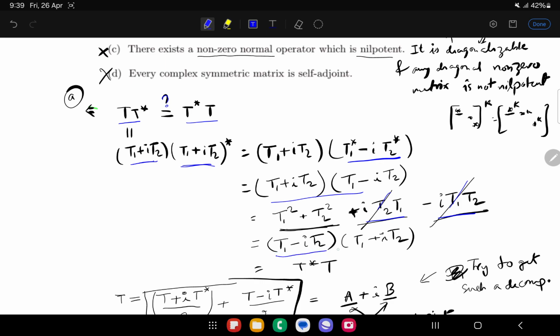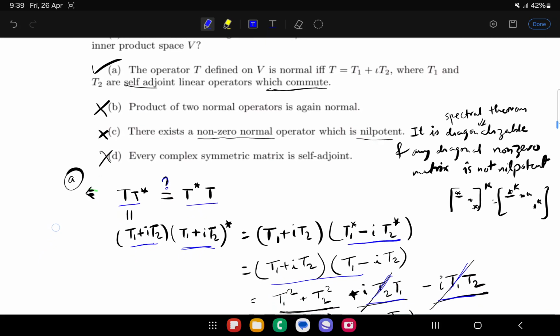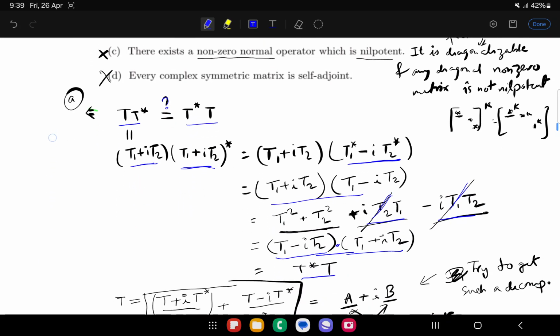And this is also equal to this one, because this product will come as T1 square plus T2 square, and something which will cancel out similarly like this. Okay, so this is T star T. So now we have shown that T is normal.